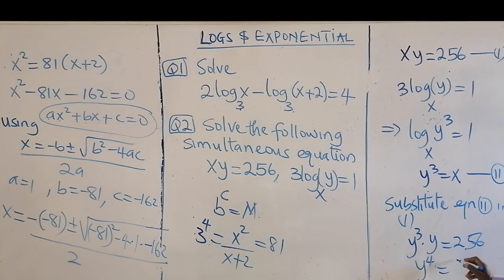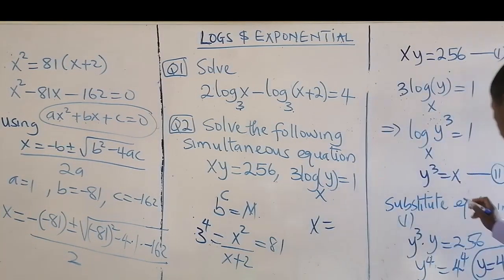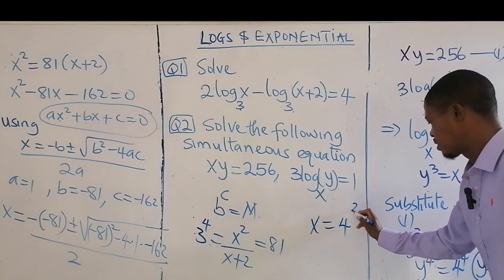This will be 4 to the power 4, because 256 is 4 to the power 4. And then equal powers: when the powers are the same, the bases are equal to each other. So y is 4. So in that case we can get x. So x is 4 to the power 3, which is 64.